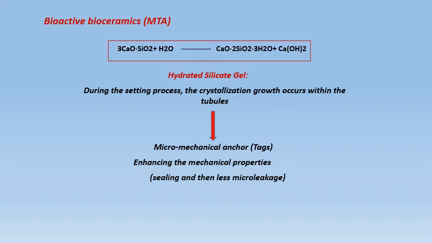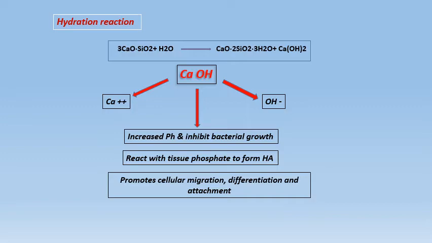So it makes micromechanical anchorage, thus enhancing the mechanical properties and the sealing properties and producing less leakage. Also, calcium hydroxide dissociates into calcium and hydroxide ions, increasing the pH, and as we said before, the alkaline medium inhibits bacterial growth and enhances the deposition of hard tissues.